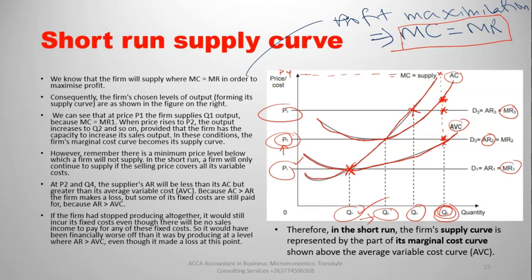The cost will be at P4 in terms of price, yet the revenue would be at P3. So you can see automatically that Q4 is actually a loss-making quantity, as already indicated. All right, so Q4 is actually a loss-making quantity.